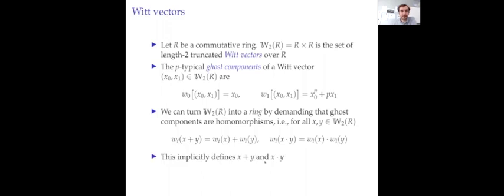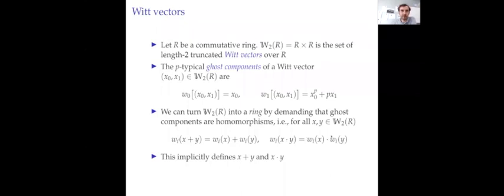So here this is the undefined operation, and this is the addition of these Witt vectors, and these equations implicitly define this operation. And similarly here, this is the multiplication of the Witt vectors that is defined implicitly like this.